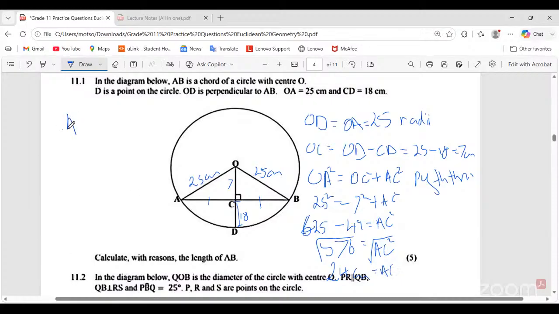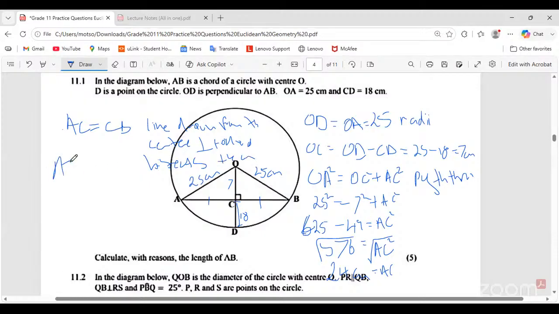Remember, we want AB. Now you will say AC is equal to CB. Why? By theorem 1, a line drawn from the center perpendicular to the chord bisects the chord.